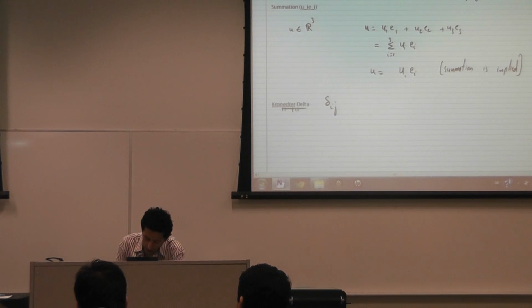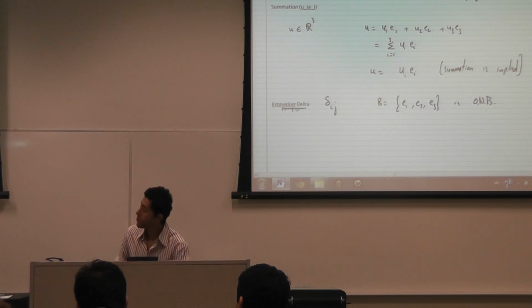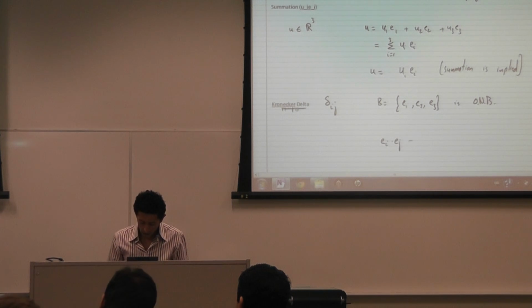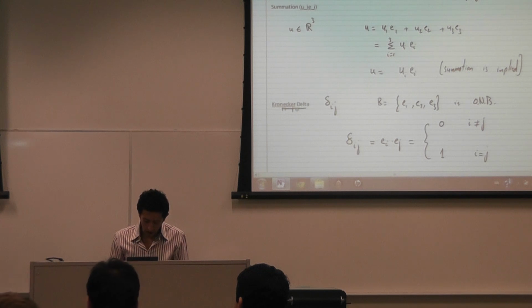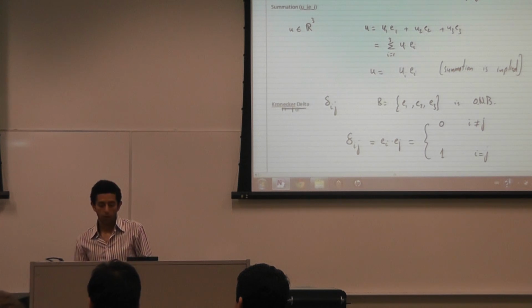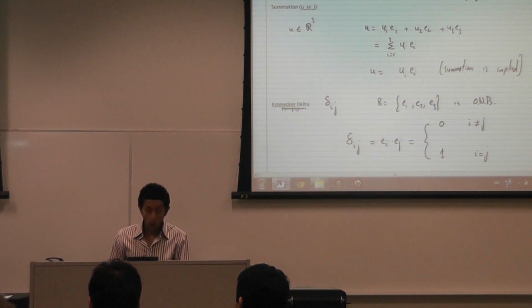Now I know that if B, equal to e1, e2, and e3, is an orthonormal basis set, then ei dot ej is equal to 0 when i is not equal to j, and 1 when i is equal to j. I'm going to put a symbol called Kronecker delta that gives me this value. When i is equal to j, I get 1. When i is not equal to j, I get 0.